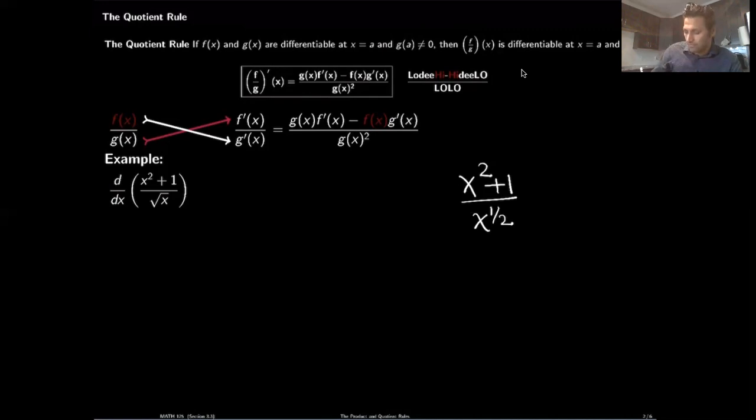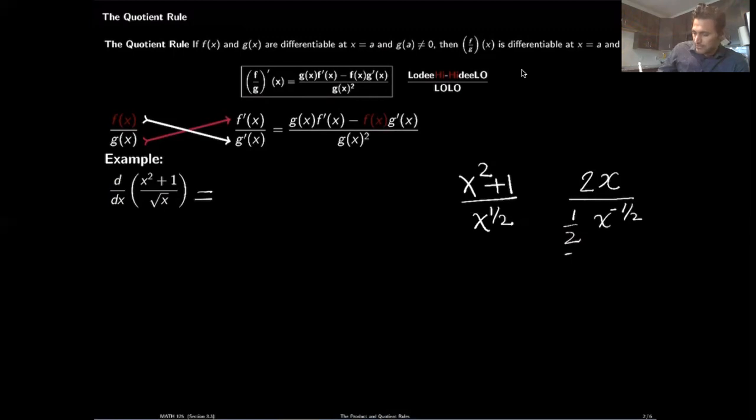First I will calculate the derivative of the top, which is 2x plus 0, because the derivative of 1 is 0. The derivative of the bottom is 1/2 x to the power minus 1/2. I use the power rule here: you drop the power and then subtract 1 from the power. 1/2 minus 1 is minus 1/2.